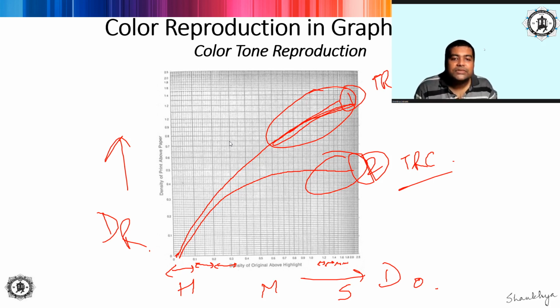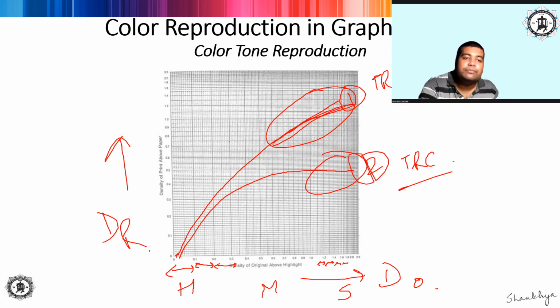Where the curve begins is also very much important. If you manage to achieve the correct contrast, but you misjudge the location of the highlight, that may end up making the entire reproduction very dark, as I was saying in the previous slide also.